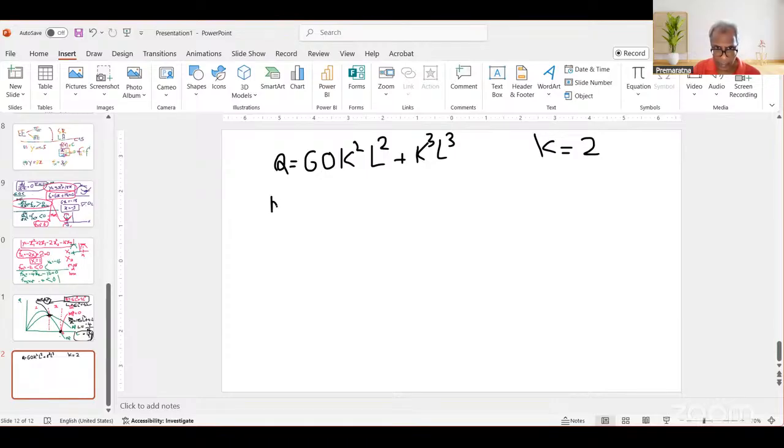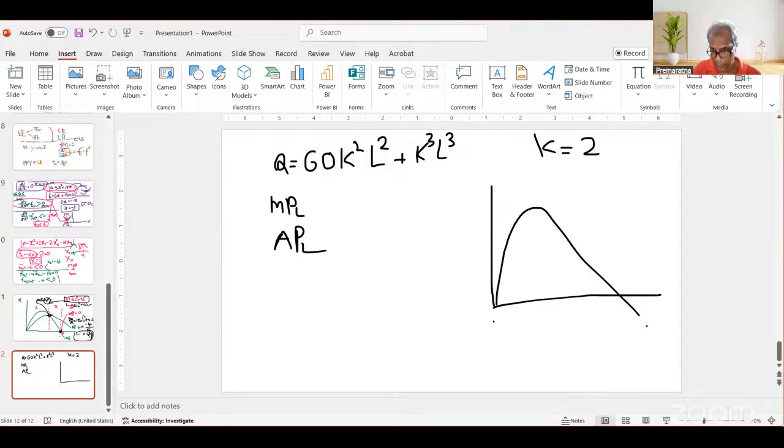Then you find the marginal product of labor and the average product of labor. Then you can find these 3 stages, the boundaries of the 3 stages, like point A and point B. I'll give you maybe 2 minutes, you can try.